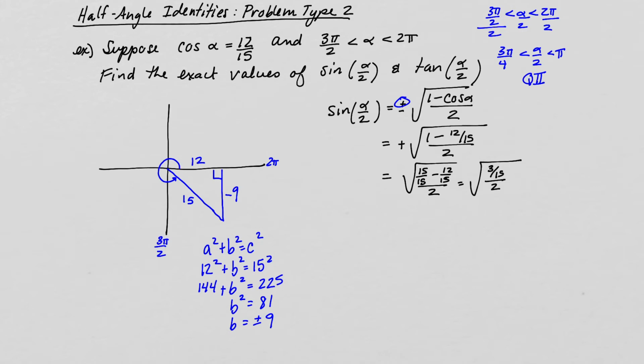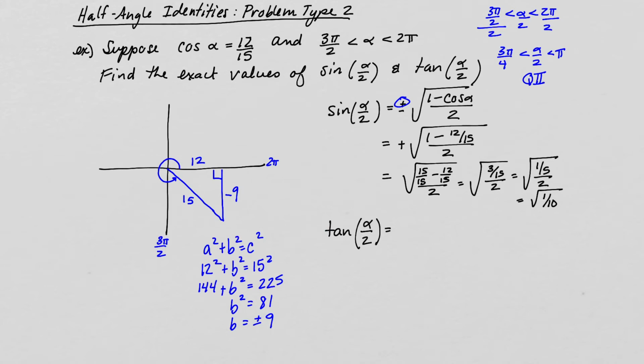And so 3 over 15 is really, 3 goes into both of those, so it's the square root of 1/5 all over 2, or the square root of 1 over 10. And then tangent's actually easier because we can use the formula that doesn't have a plus or minus.